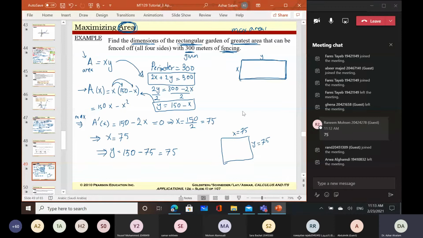The maximum area is only the square. عشان أحصل على أكبر مساحة ممكنة باستخدام محيط مقداره 300، المساحة العظمى الوحيدة هي اللي تكون مربعة، تكون الأضلاع متساوية 75 و75. Okay.